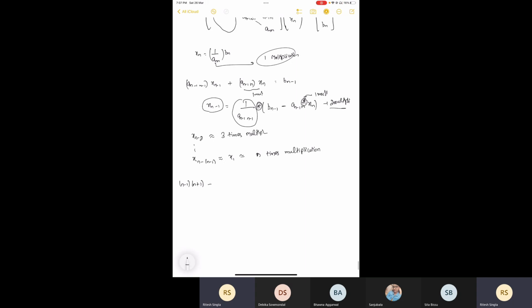N into n minus 1 plus n into n minus 2 plus n minus 1 into n minus 3 plus and so on up to 1 into 3, plus 1 plus 2 plus 3 plus and so on up to n multiplication operators. Does this make sense now?